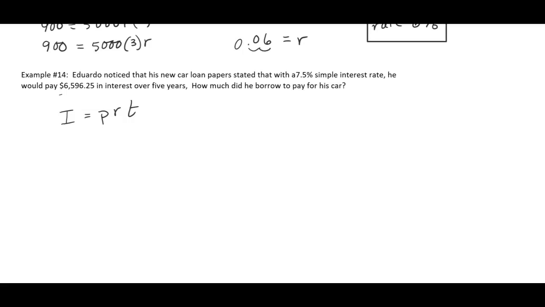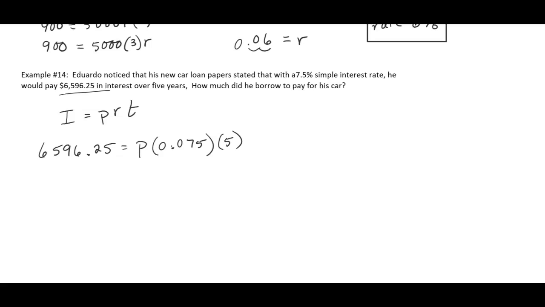We know the interest, that's the 6,596.25. We do not know the principal, that's what we're going to try to find out. We know the rate of interest was 0.075, so again you've got to move the decimal place 2 places. And we know it was for 5 years.